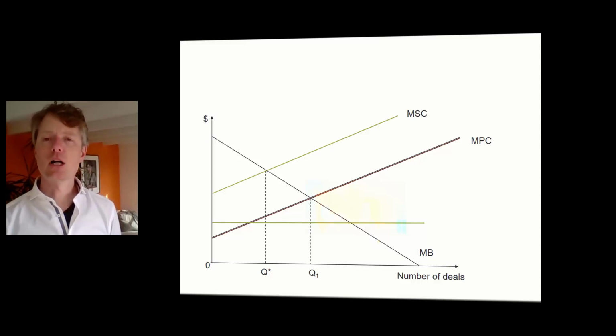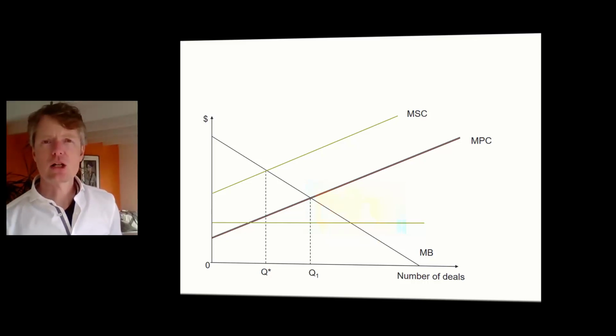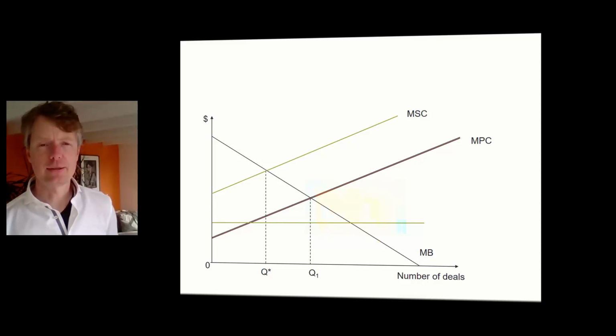So the marginal social costs are higher than the marginal private costs, right? And they are higher by the value of the externalities. They are $20 higher than the private cost. So for example, if you would be a seller with a seller cost of 20, then the marginal social costs are actually 40, 20 plus 20.